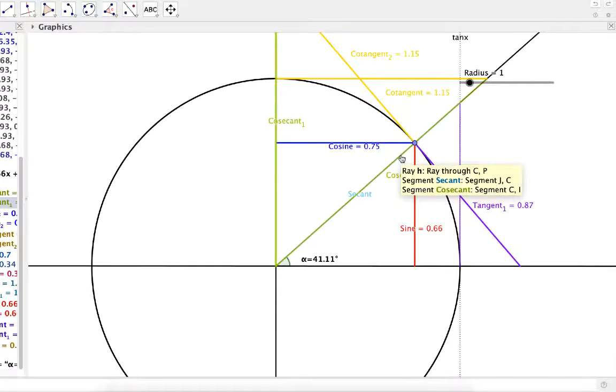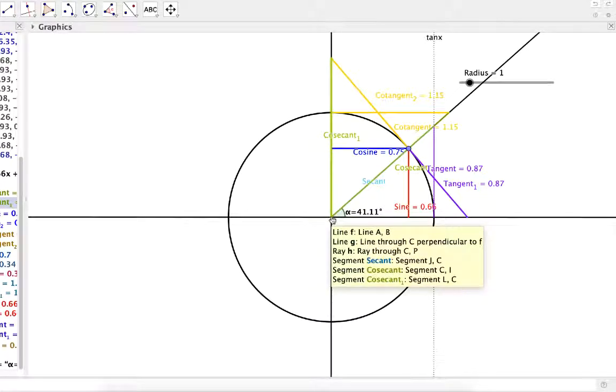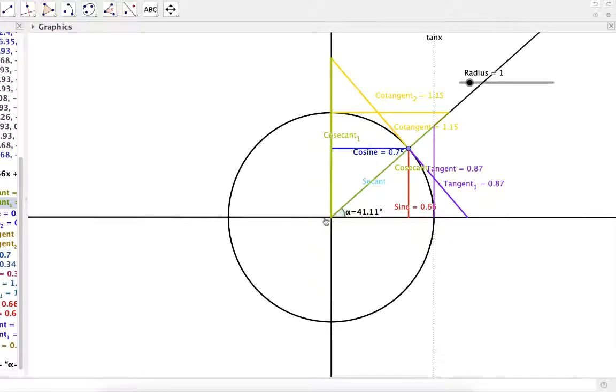So another way we can write cosecant is we use the same kind of cotangent idea, where it goes from the origin up to the cotangent intersection. We're going to do the same thing, but from the origin we're going to stay orthogonal to the x-axis on the y-axis, up to the point where our new construction of cotangent hits the y-axis.